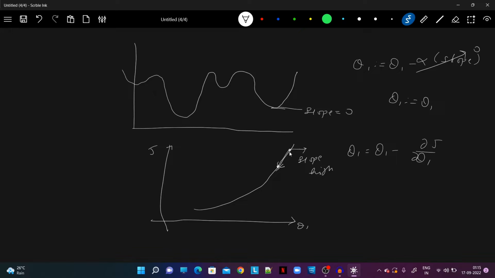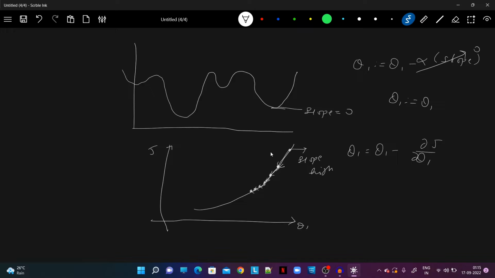The slope will be lesser compared to the previous point. It will move a lesser value, and here again lesser compared to the previous. So here you see that the distance moved will keep on decreasing, right? Because the slope value will keep on decreasing.